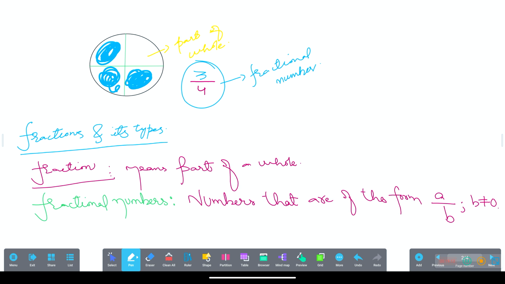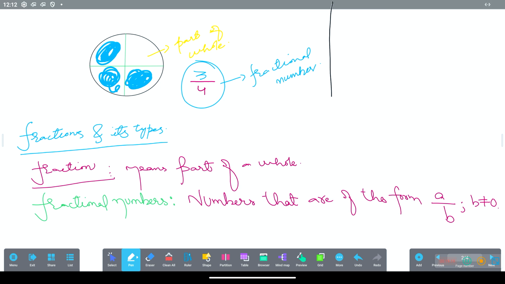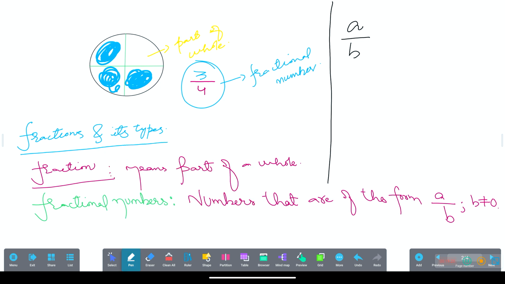For that, I am taking this A by B to the top here. Have a look. I am writing here A by B. Any number that is of this form is a fraction. But remember, this A is called the numerator.